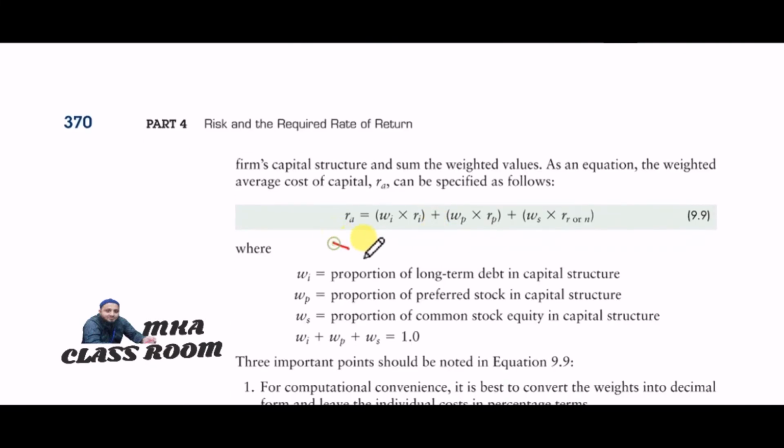So there is a formula for our weighted average cost of capital, RA or KA: WI times RI, plus WP times RP, plus WS times RR or RN.